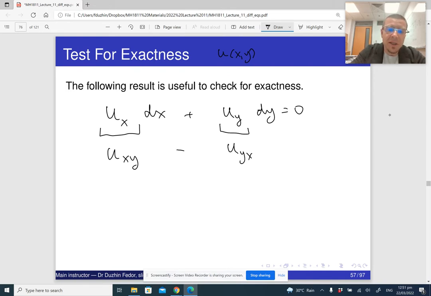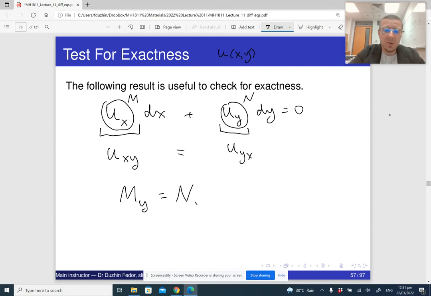And we know that the second mixed partial derivatives should be equal. So, it means that if this is something like M and this is something like N, then if our differential equation is exact, then the partial derivative of M with respect to y equals the partial derivative of N with respect to x.